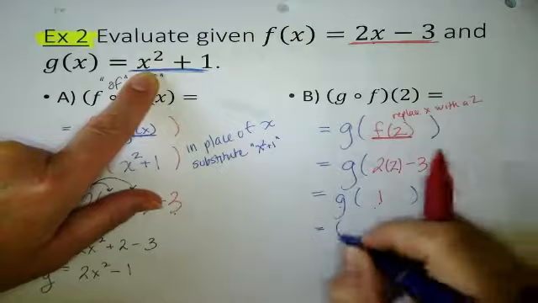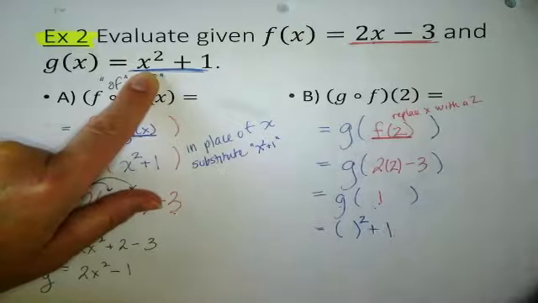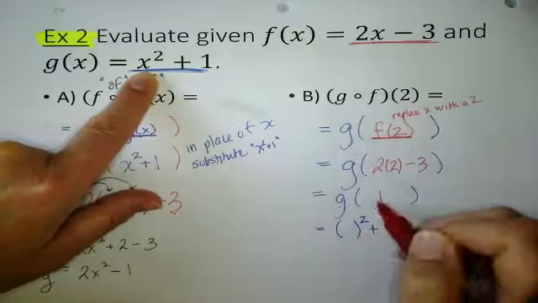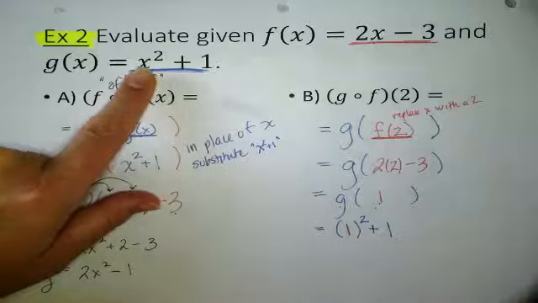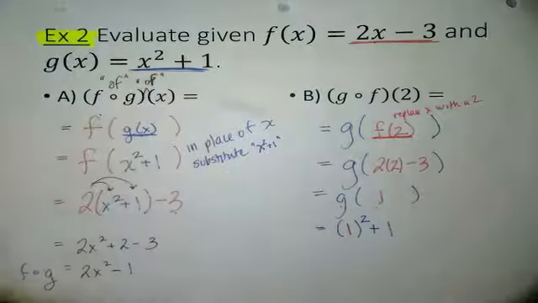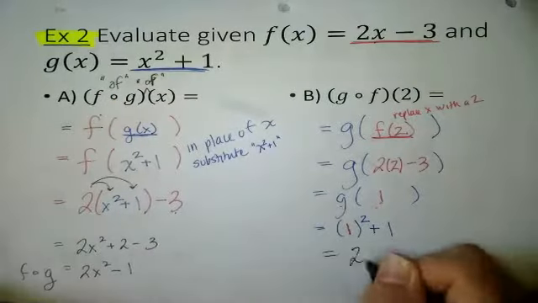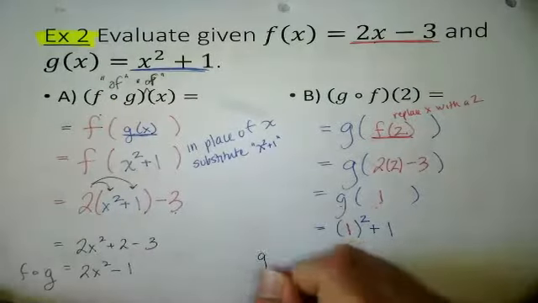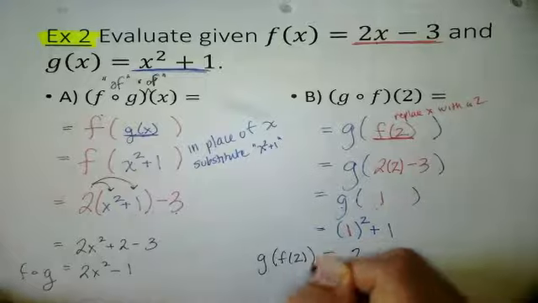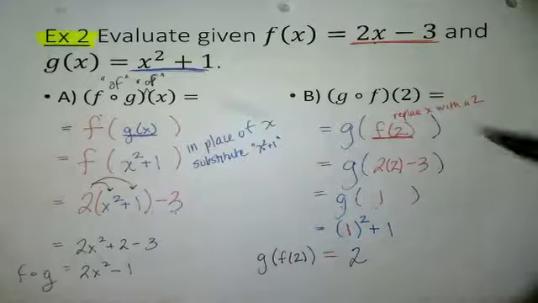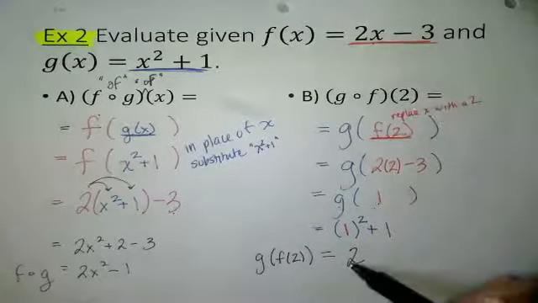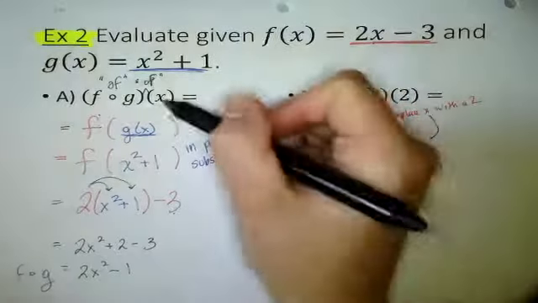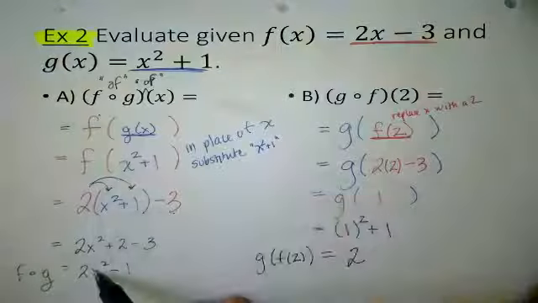I'm going to just write my function, something squared plus 1. And in place of the x, we're putting in a 1. 1 squared plus 1 is 2. That is g of f of 2. So when they plug in numbers, they want a number answer. But if it says of x, then your answer should have x's in it.